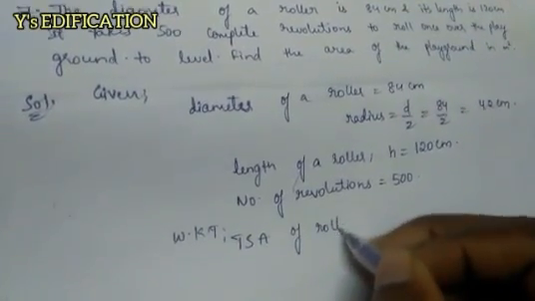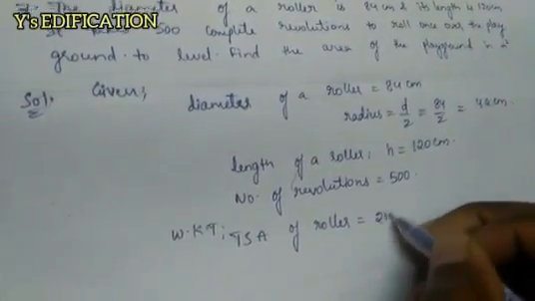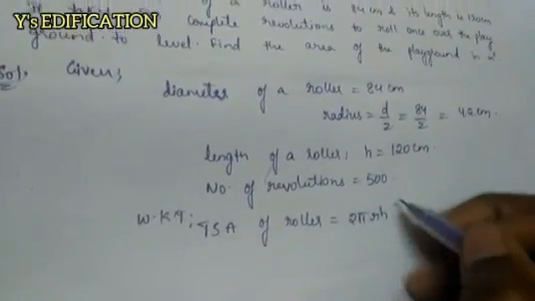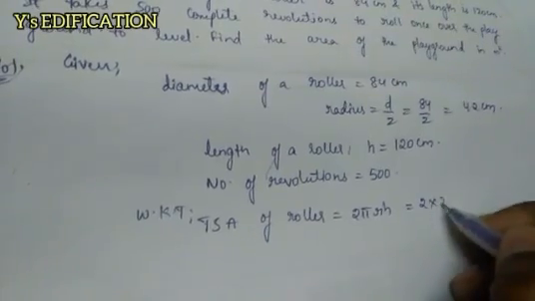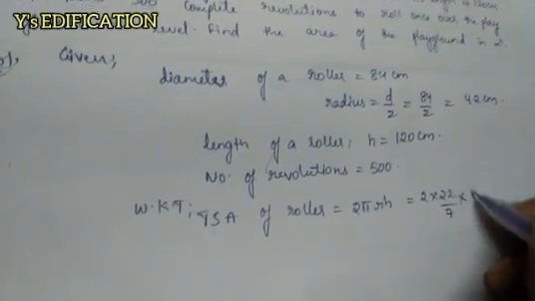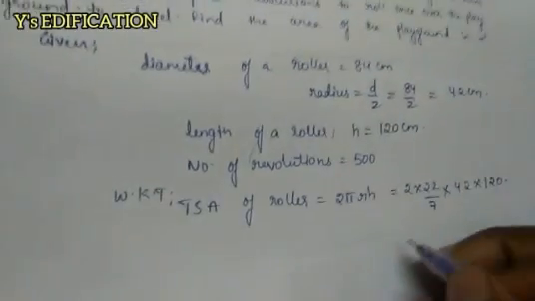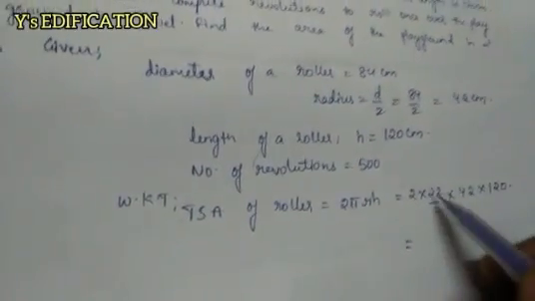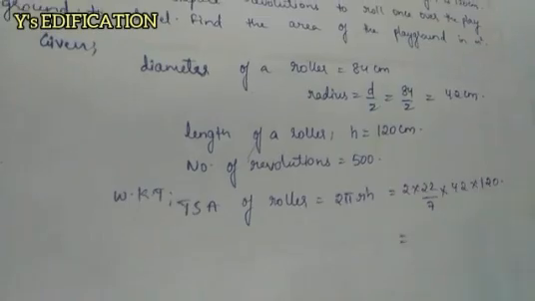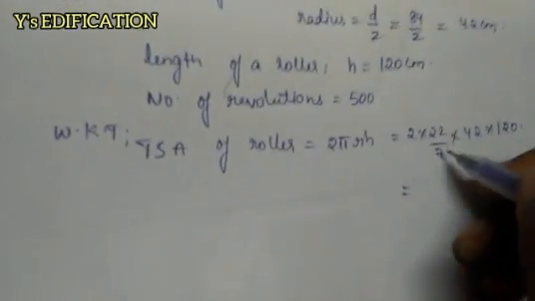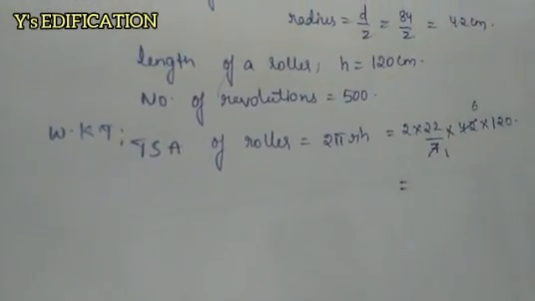So what is the total surface area of a cylinder? 2 pi RH. Now substitute these values in this. 2 into pi means 22 by 7, R is 42 and height is 120. Okay. Now 7 into 6.